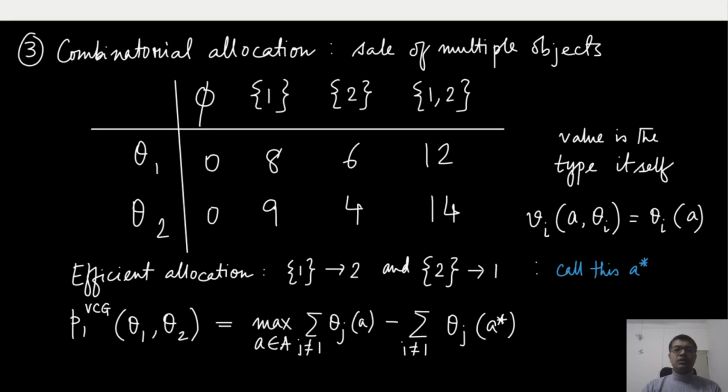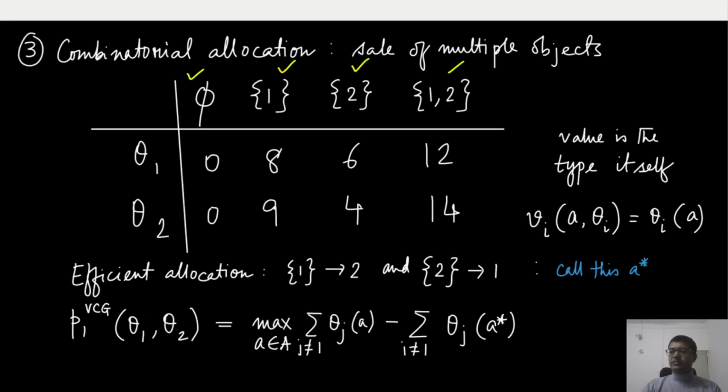The third example is of a combinatorial allocation. This applies to the sale of multiple objects. Let's say there are two objects and there are four possible bundles of these objects. Either the bundle could be empty with no objects, or it can have those objects individually, and there could be a bundle of both the objects together.